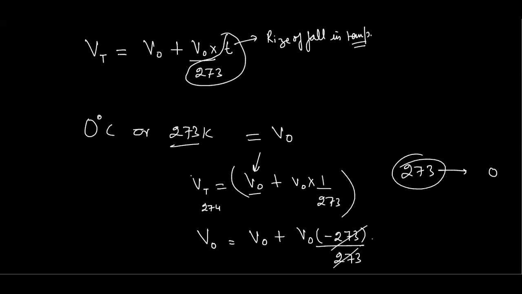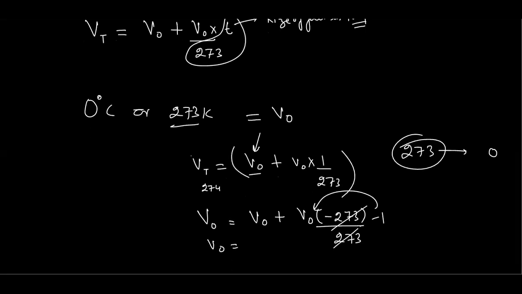So we have temperature T, whatever the temperature is, that is 0 Kelvin. Then the bracket becomes 0, and we consider that the volume of the gas at 0 Kelvin will become 0.